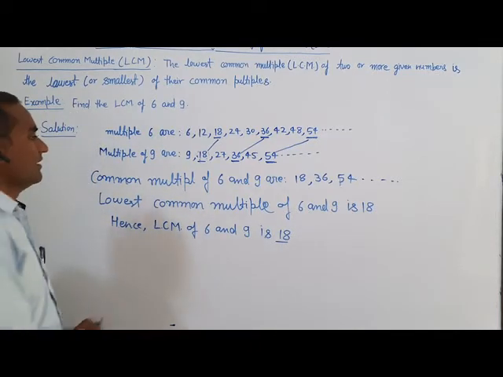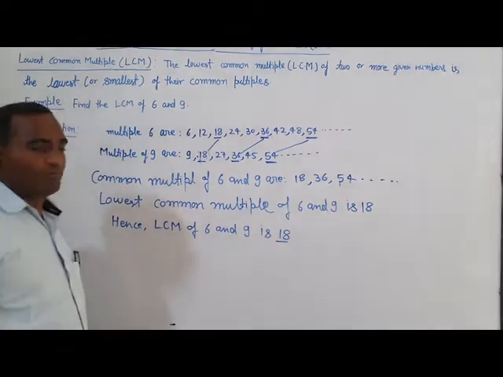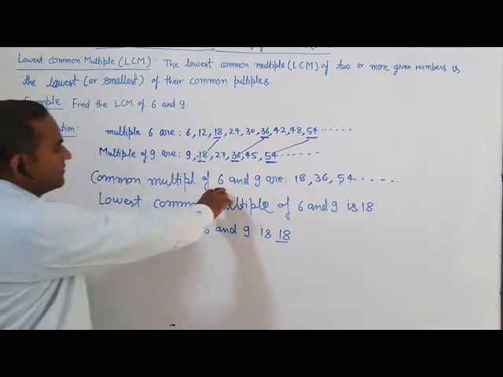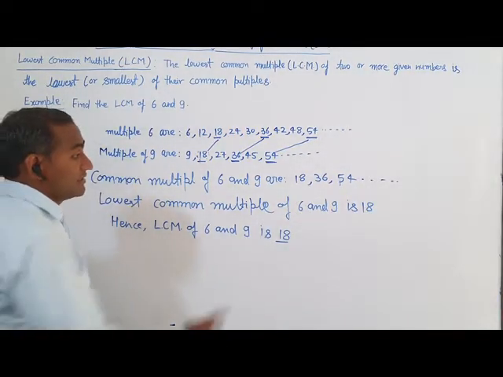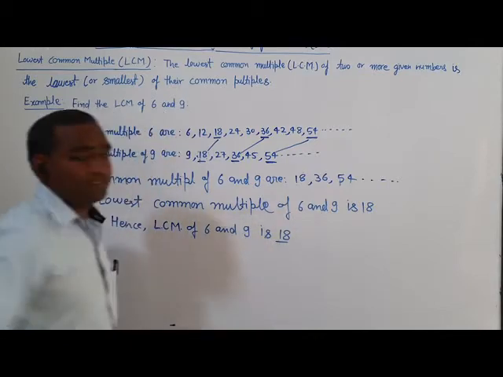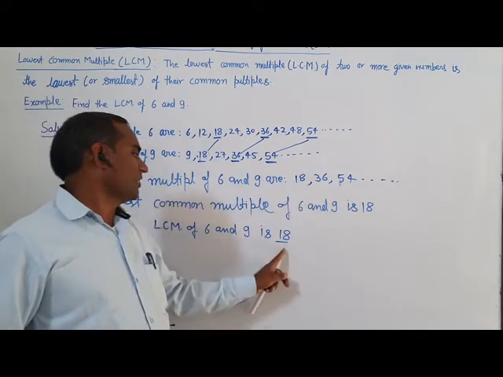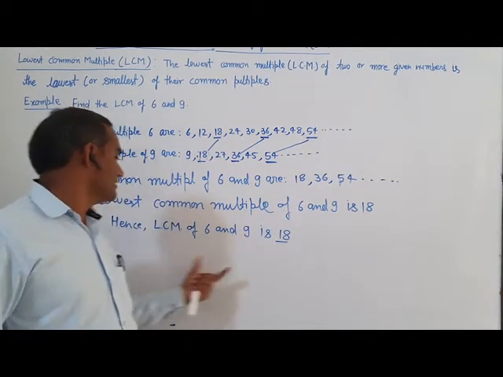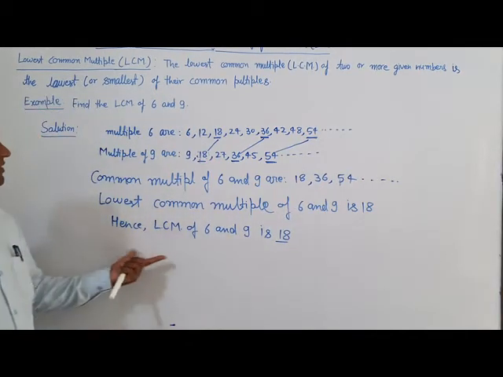Here 18, 36, 54 and many more are common multiples of 6 and 9. But the lowest common multiple of 6 and 9 is 18. 18 is the lowest, the smallest, so that is the LCM. In this way you can find the LCM of given numbers.